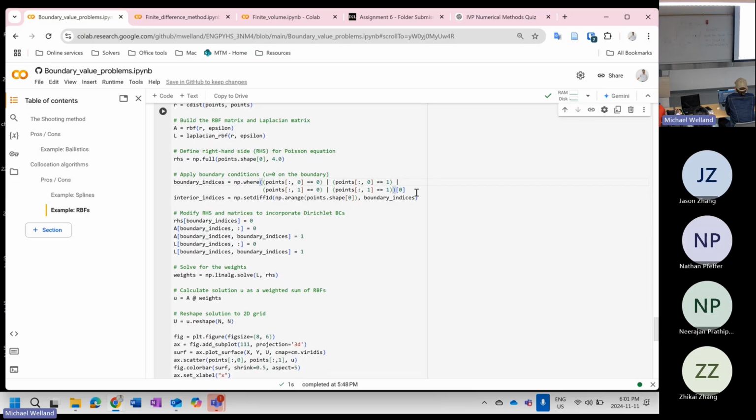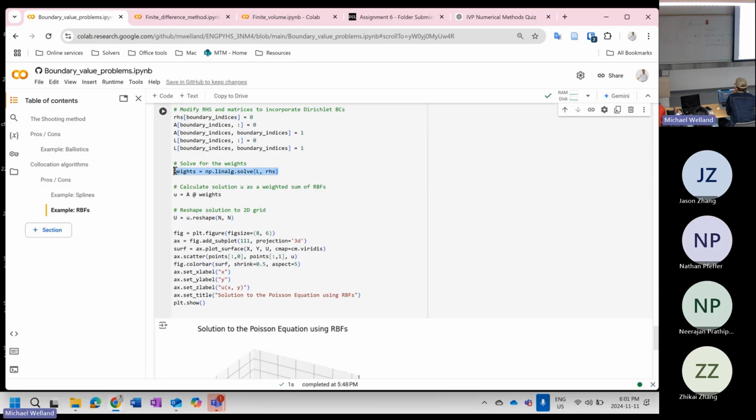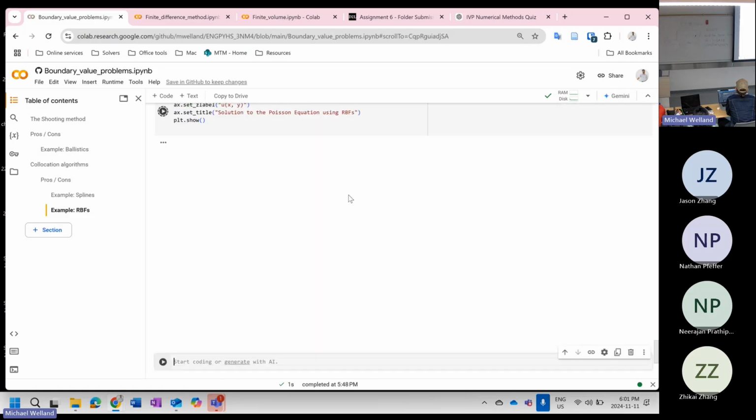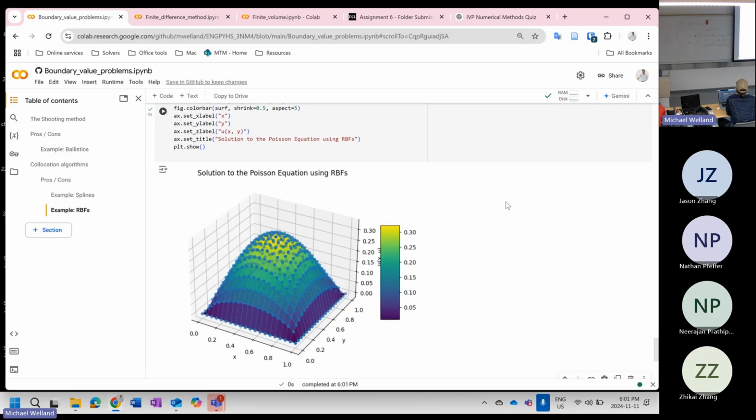You do have to remember to apply your boundary points to put that into the matrix, so that wherever X is 1, that has to be 0. Wherever X is 0, that has to be 0. Same thing with the Y's. And then you solve. And what you're solving for is the weights. You want to find your actual solution, and you plot it, and lo and behold, you get something that looks reasonable, right?